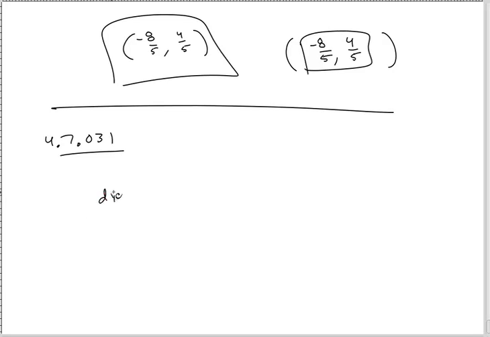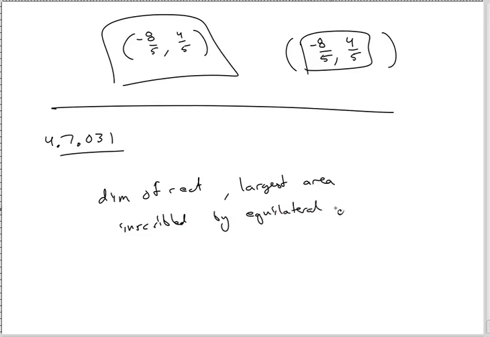They want the dimensions of a rectangle, and they want the largest area that is inscribed by an equilateral triangle. Equilateral triangle, side L. I think we're solving for L or something like that.